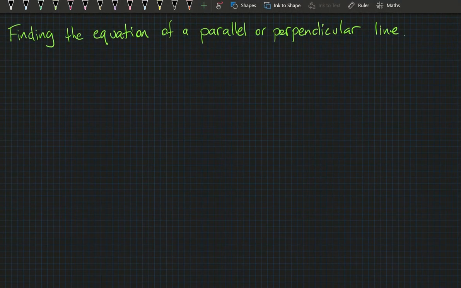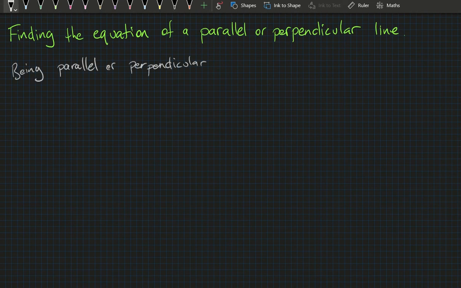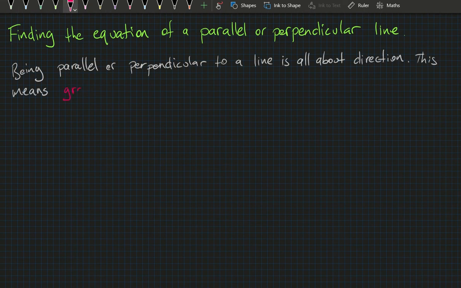In this section, we're going to find the equation of a parallel or perpendicular line. Now, being parallel or perpendicular to a line is all about direction. This means gradient.